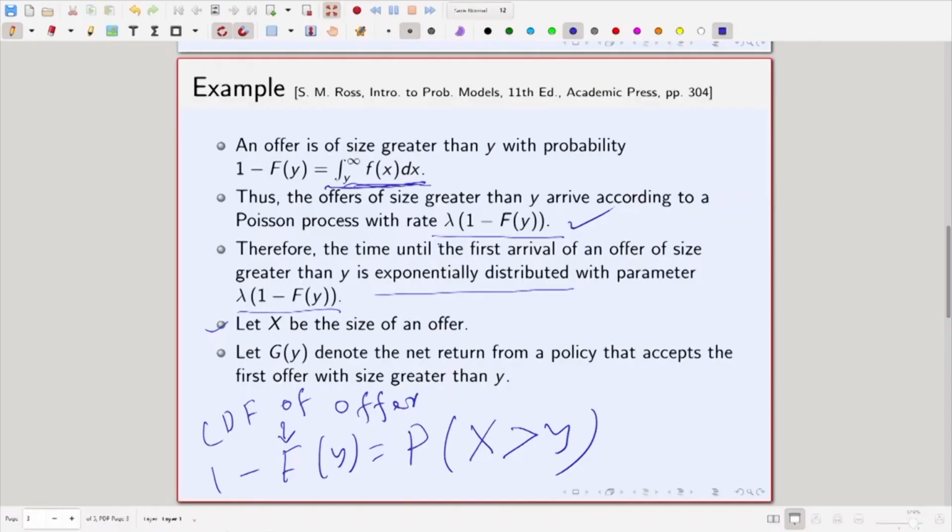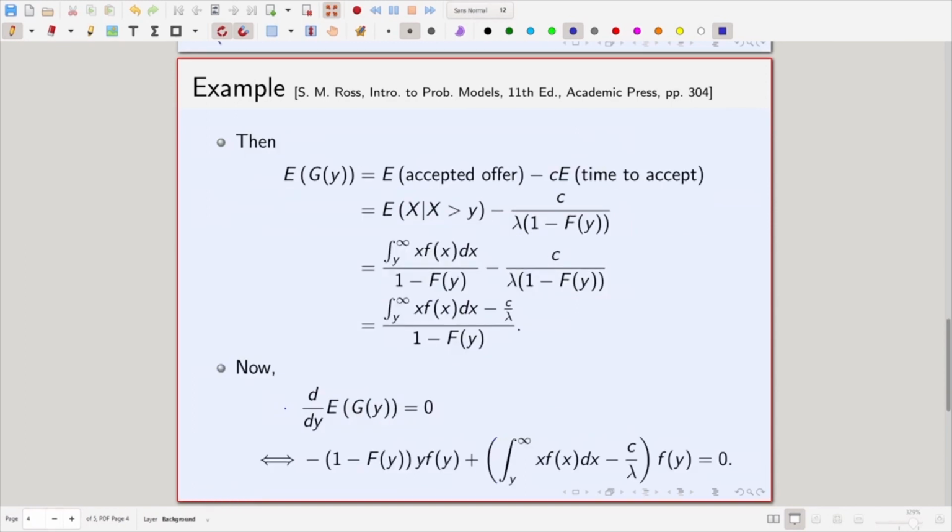Fine. Now, let X be the size of an offer and let g(y) denote the net return from a policy that accepts the first offer with size greater than y. Remember, we are interested in the expected net return. So, what is E of g(y)? That should be the expectation of the accepted offer minus C times the expected time to accept.